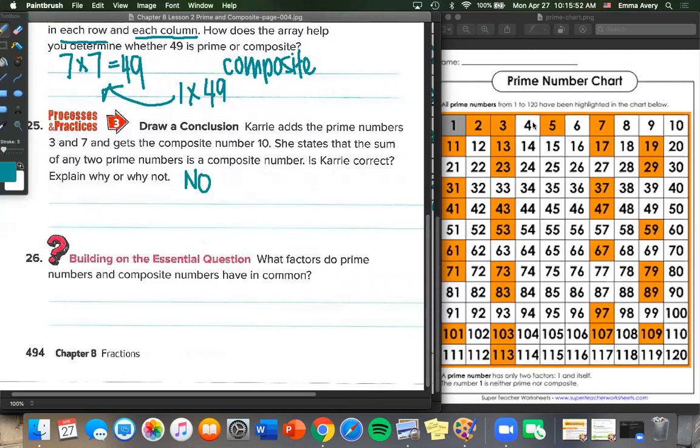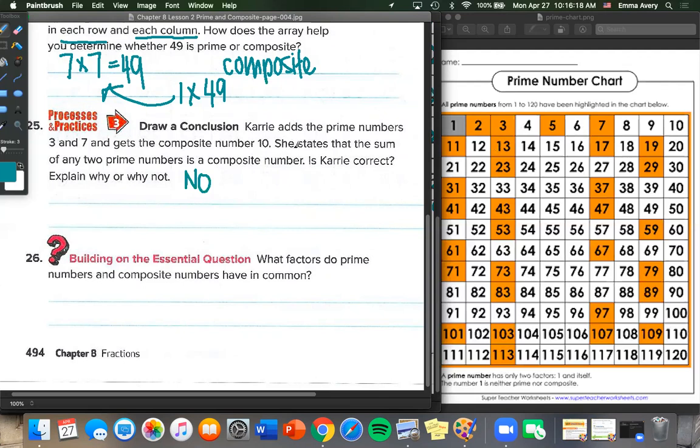So 2 plus 3 is 5, so that doesn't work. 3 plus 4 is 7, that doesn't work. 5 plus 7, well, that would be 12, so that counts as one. Yeah, so we can do 5 plus 7 is 12.